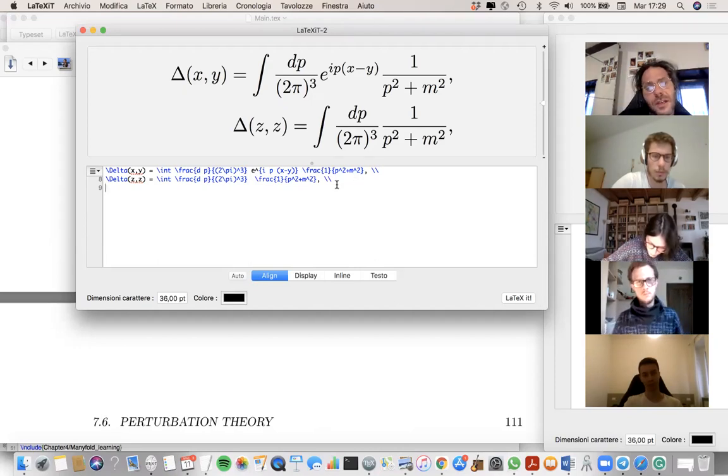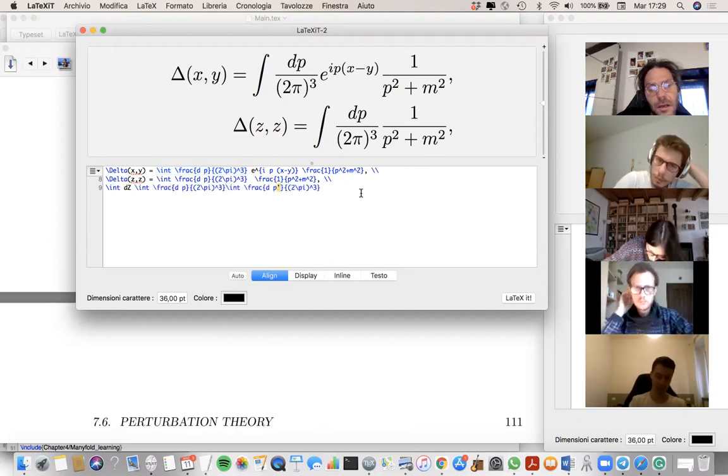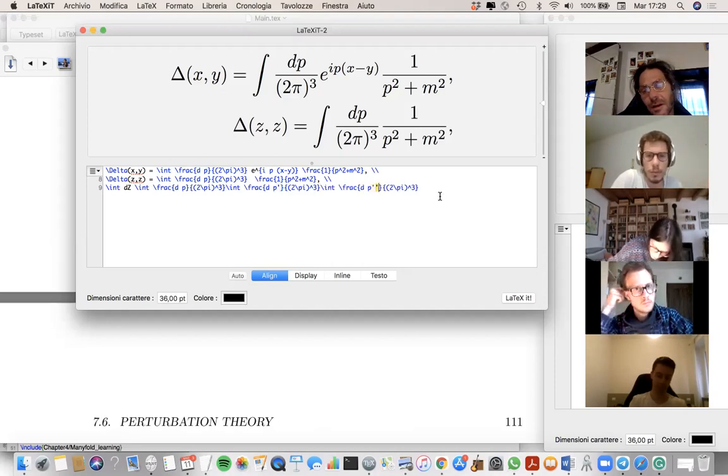Now, what happens if you have a collection? Now I'm going to sketch the idea, because I cannot do much better than that. I have an integral over dz, and then I have these integrals over dp, dp prime, dp double prime, because I have 3 propagators, remember? One of them will come with p, and that's going to be z.